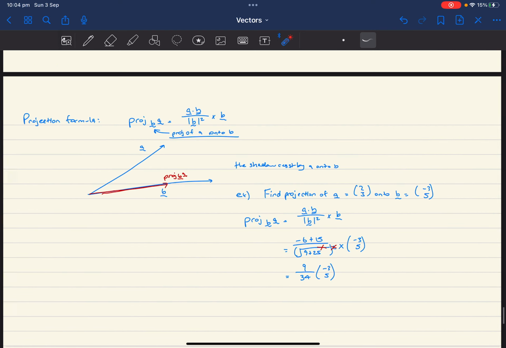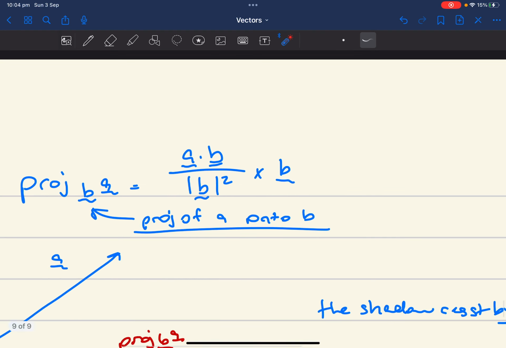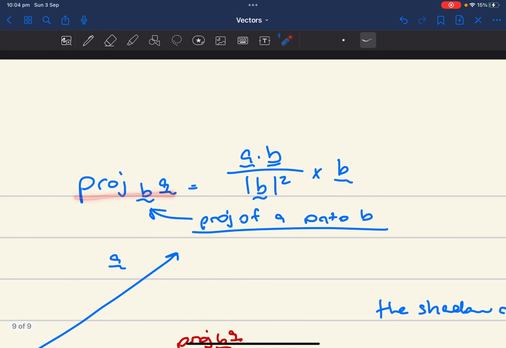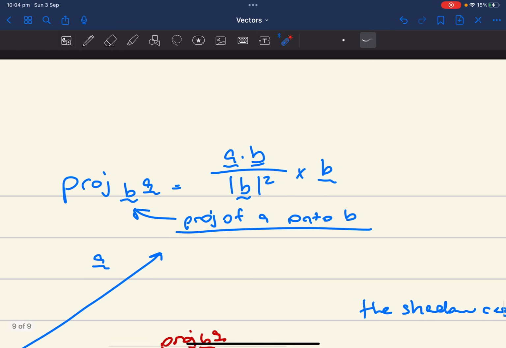Okay? Yeah. So just remember when you're doing projection, the formula is just these two things dot product together, and the thing on the bottom will just be this lower vector's length squared. And same for this one. It's always the bottom, the lower vector, right?